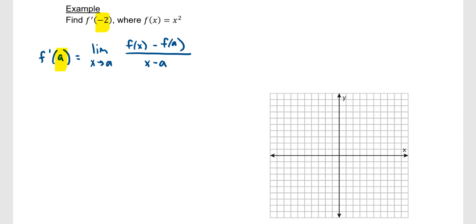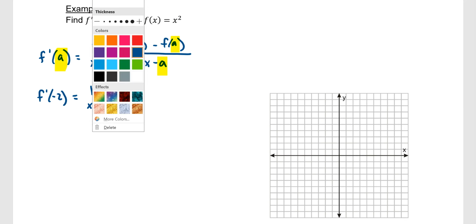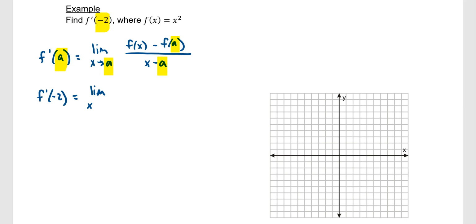So let's go ahead and plug in a -2 into all of these a's, which there's a lot of them, like you're playing Wheel of Fortune. So it's going to be f prime of -2 equals the limit as x approaches -2 of f of x minus f of -2 over x minus -2.